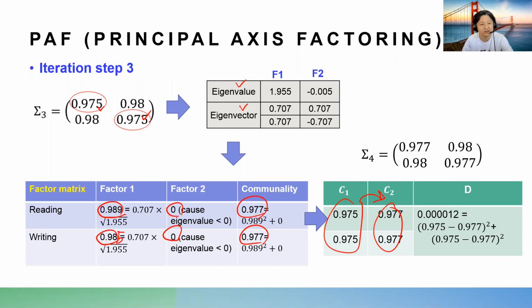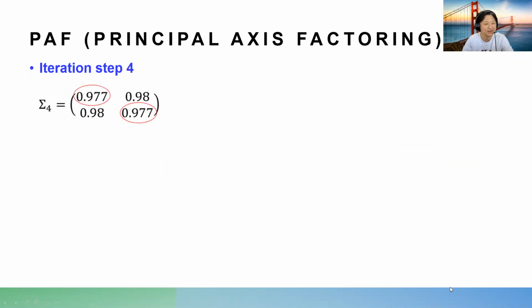Get the difference, this one minus this one, squared, plus this one minus this one, squared, and we get this value. This is still greater than our criterion. One more time, almost there.